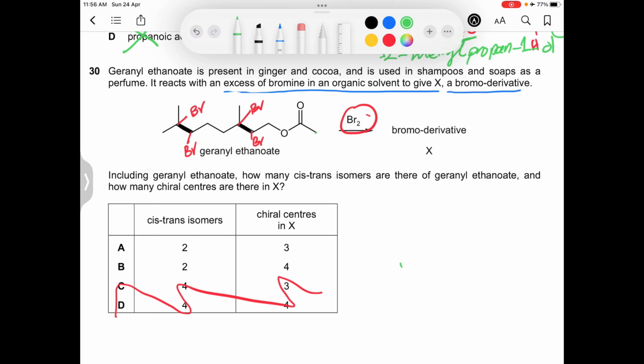Starting from here, we don't have a chiral center because it's sp2, and we have two identical atoms, like two hydrogens, so it's not. If you look at this, yeah, this is a chiral center. This is the first one, and this is the second one, and this is the third one. But if you look at this, you notice that you have two methyl groups which are identical, so we don't consider this as a chiral center. So the answer is A.